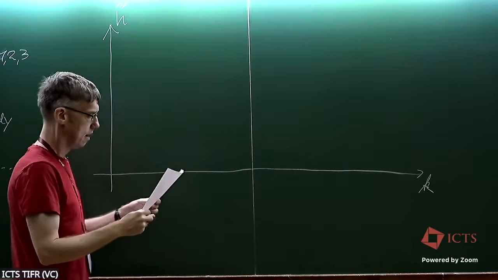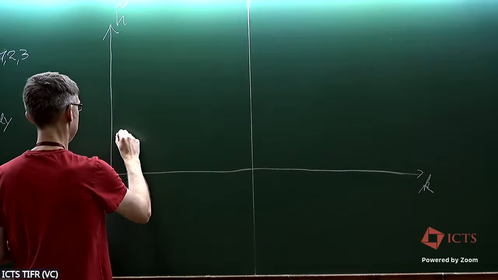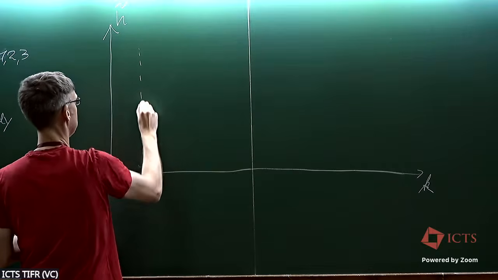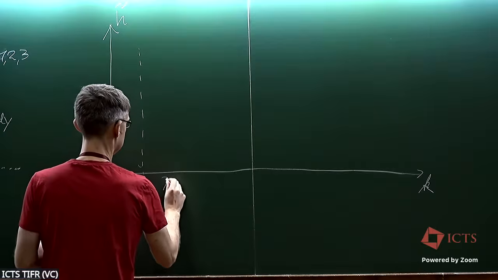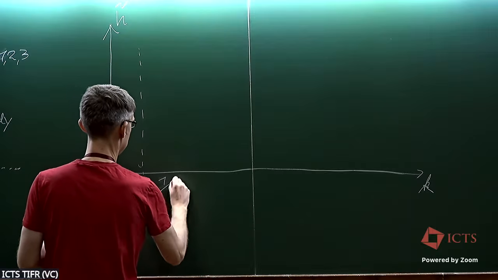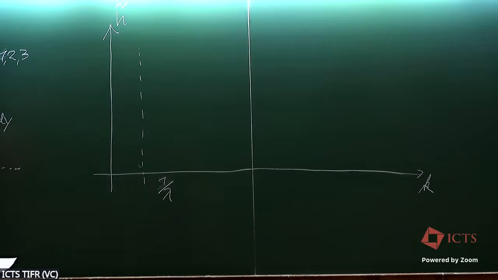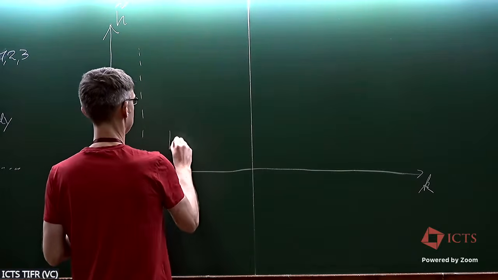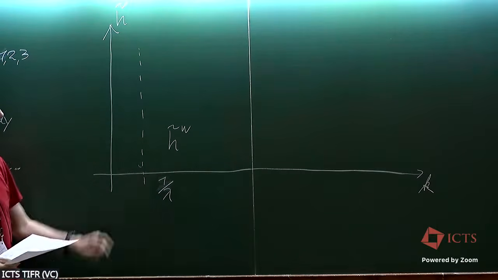Then the way one could think about it is that one has several modes in this picture corresponding to the different scales in the problem. So we have, say, the 1 over lambda regime in the Fourier domain, which corresponds to the wave zone, the wave regime. So here are the modes of the gravitational field corresponding to h^W.